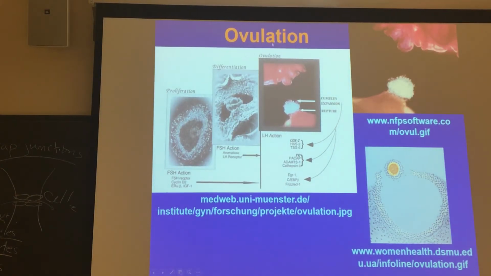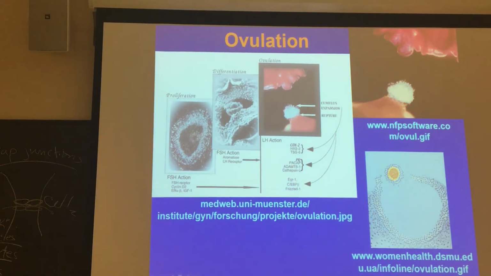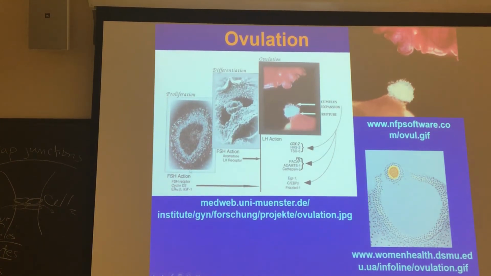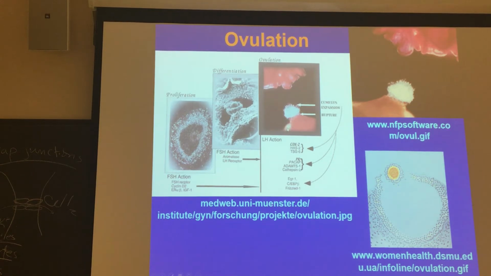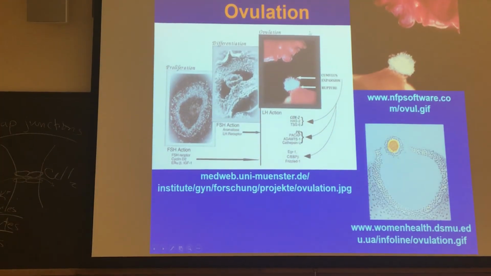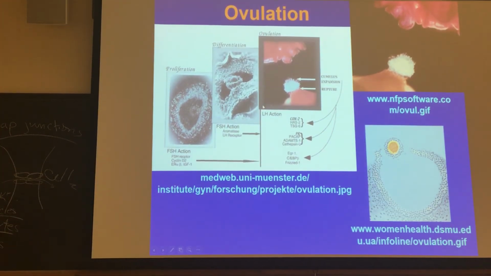Okay. These are other pictures of ovulation, some showing you what's going on in terms of formation of various factors. This is an autoradiograph showing radioactive FSH binding to FSH receptors. Here's a picture you've seen before, and this is a frame from a video that was taken of ovulation in the rabbit.